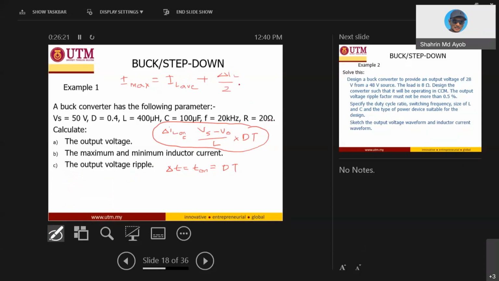So right now, delta IL, you can use delta IL on or delta IL off, it's up to you, because delta IL is the same. For this example, I use delta IL on.